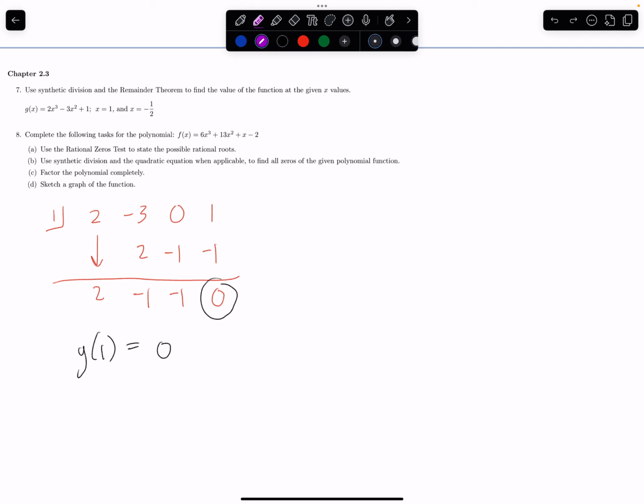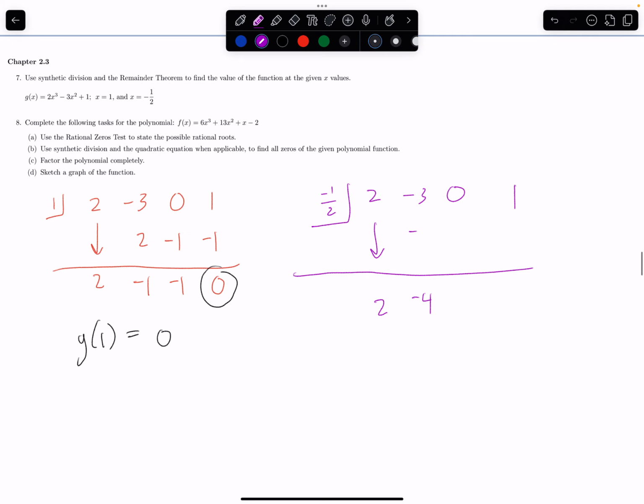Okay, we're going to do the same thing with -1/2. So -1/2, again, my coefficients of the polynomial, bring the 2 down. 2 times -1/2 is -1, plus -3 is -4. Times -1/2 is +2, plus 0 is 2, times -1/2 is -1, plus 1 is 0 again.